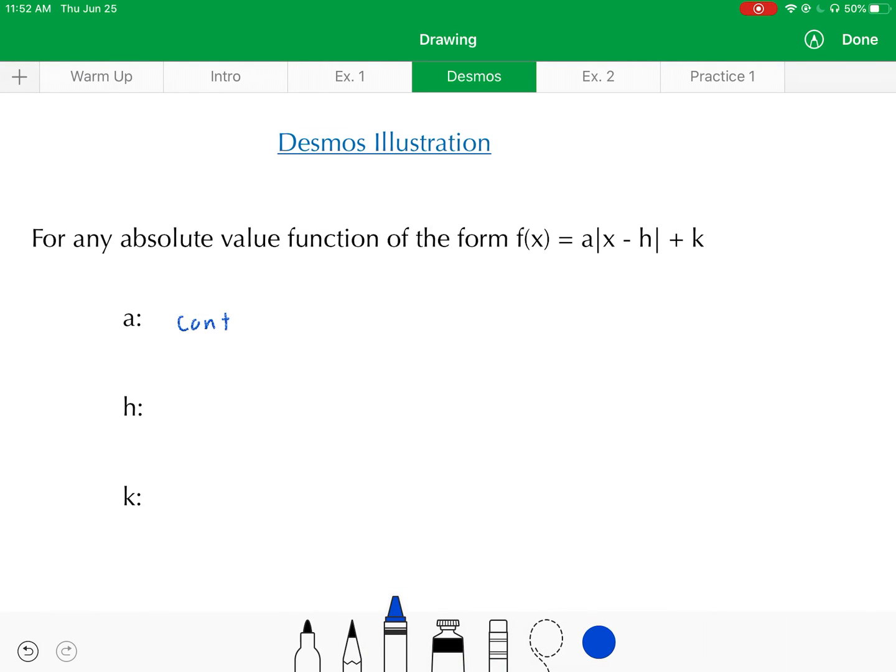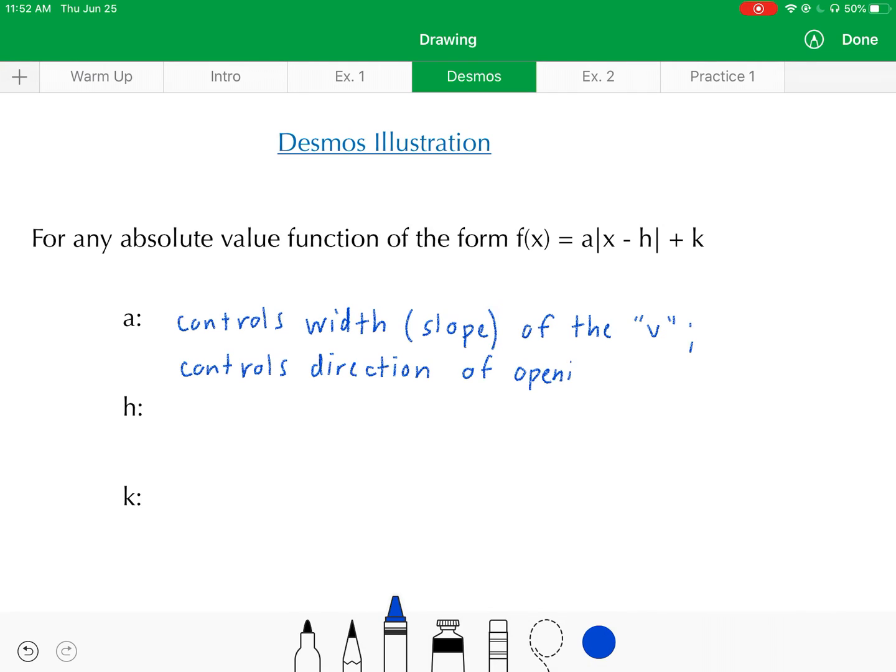It controls the width, which is in this case a lot like the slope of each half of the V. And it controls the direction that the V opens, meaning up or down.